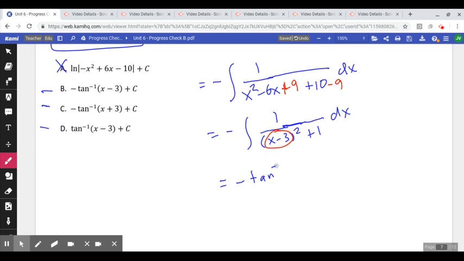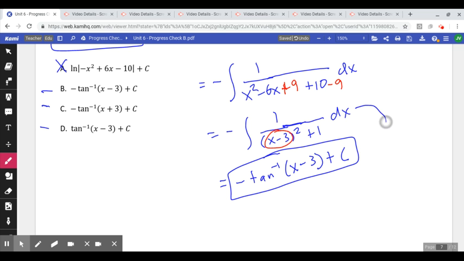And I want to keep that x minus 3 on the inside. I also want to double check that I don't need to do anything special with the x minus 3. If I were to take the derivative of this answer right here, I would have to multiply by the derivative of x minus 3 using the chain rule. But the derivative of x minus 3 is just 1, so we're good to go.